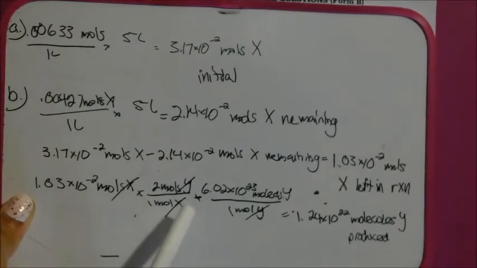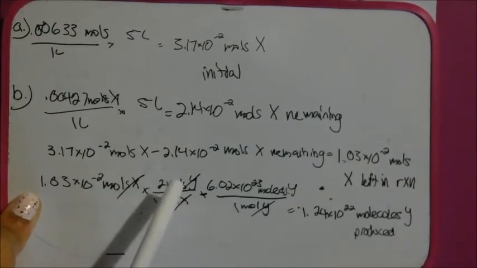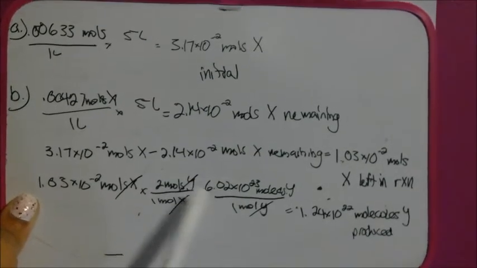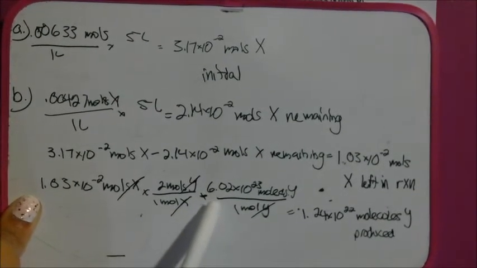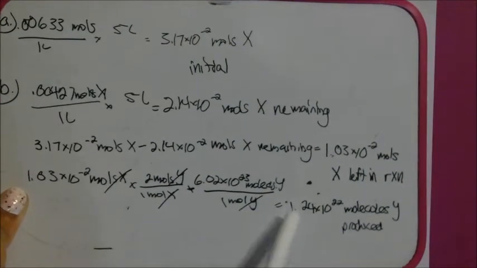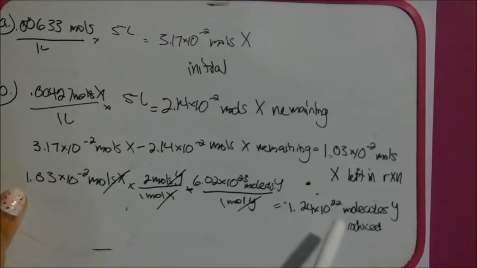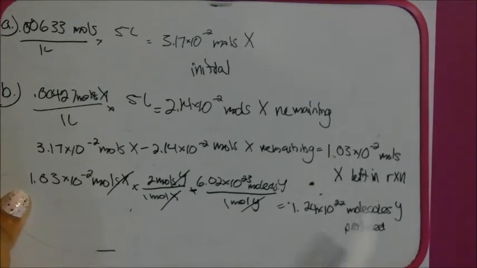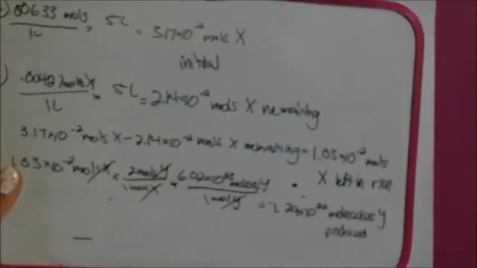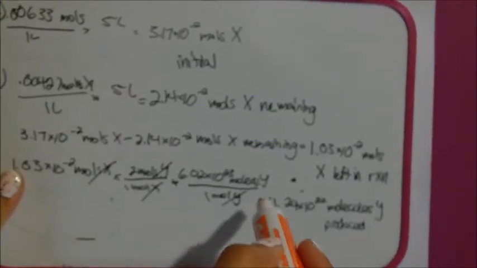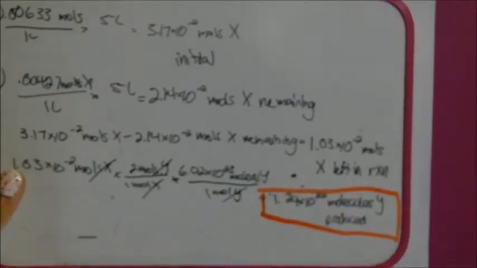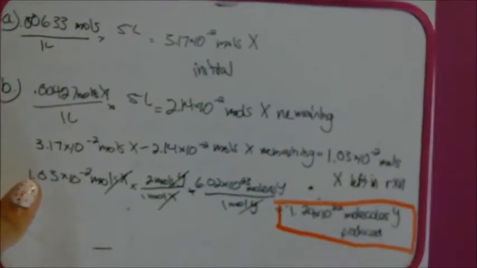And that cancels out the moles, then you're left with moles of Y, and then you multiply all that by Avogadro's number to get molecules of Y. And that should give you 1.24 times 10 to the 22nd molecules of Y produced. Ta-da! And that's the answer to part B.